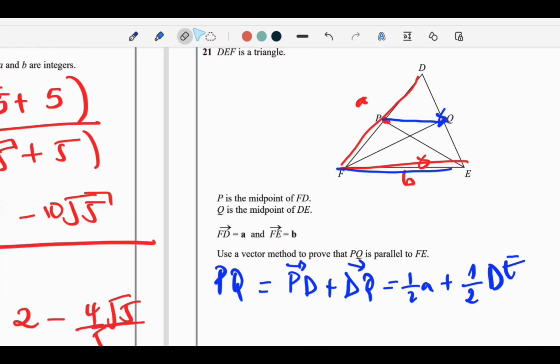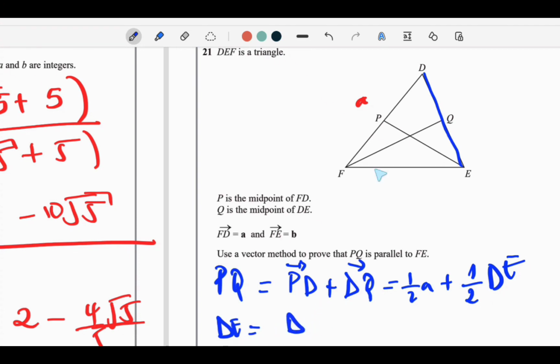But we do not know what DE is. Let me erase some of this. So we want to find DE. Okay. So let's find DE. If we want to go from D to E, we can use what we know because they've given us just these parts. They've given us this as B and this as A. So for us to go from D to E, we have to do D to F. We're going backwards.